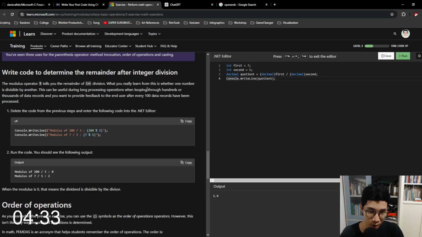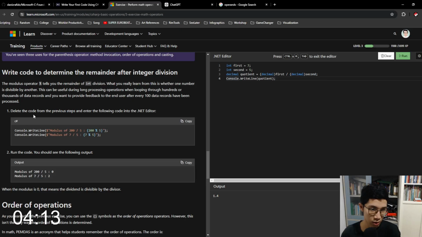What you really learn from this is whether one number is divisible by another. This can be useful during a long processing operation, when looping through hundreds of thousands of data records and you want to provide feedback to the end user after every 100 data records have been processed.